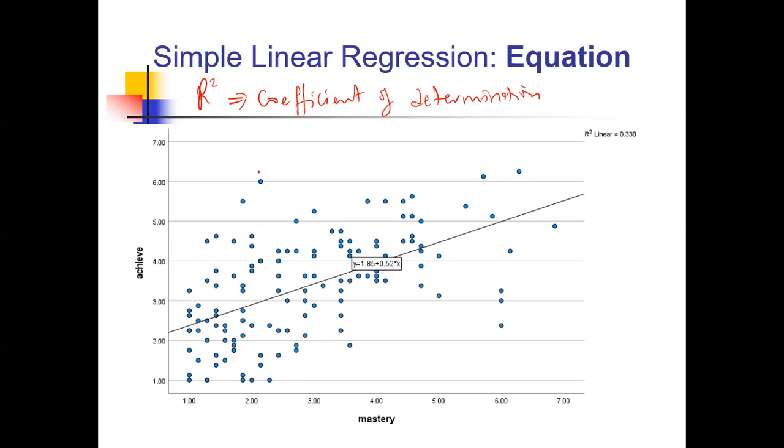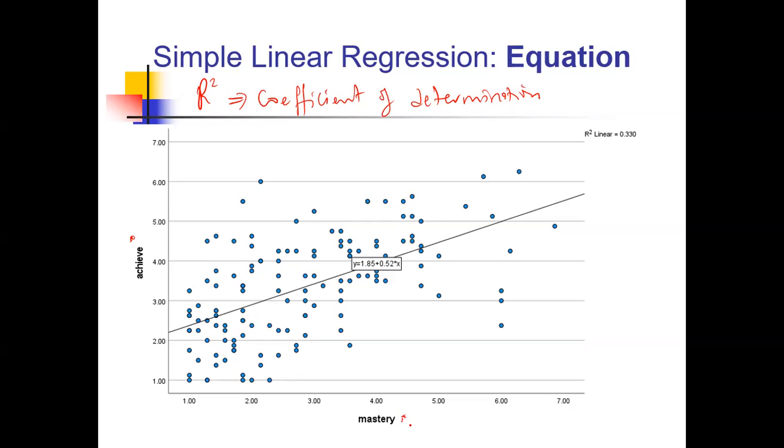What it tells you is how much of the variation in achievement is explained by mastery. That's using the context here.